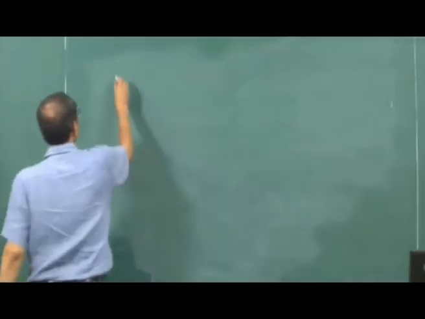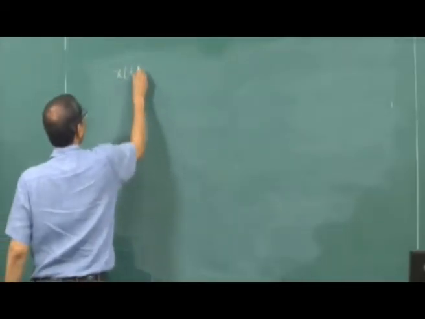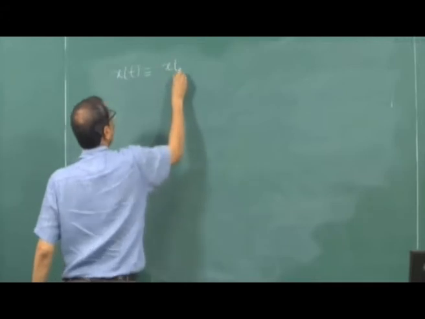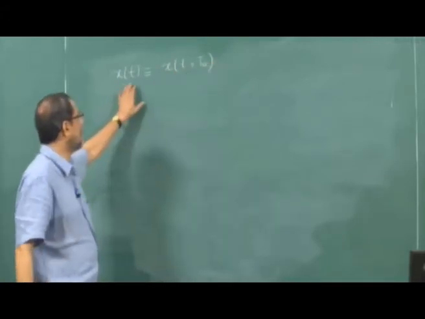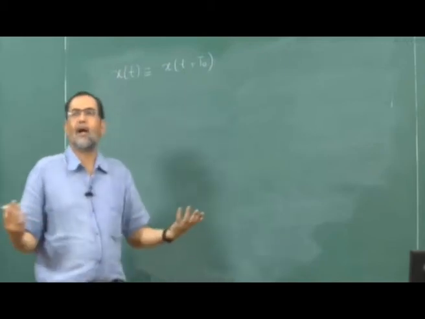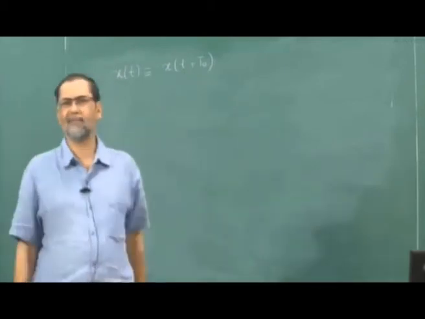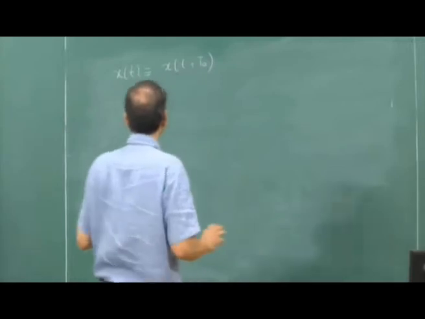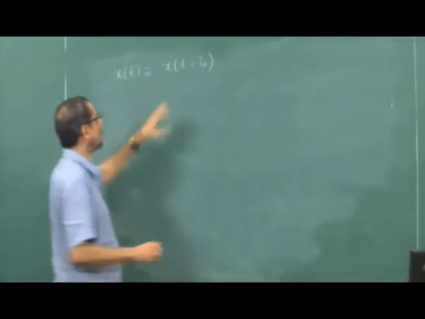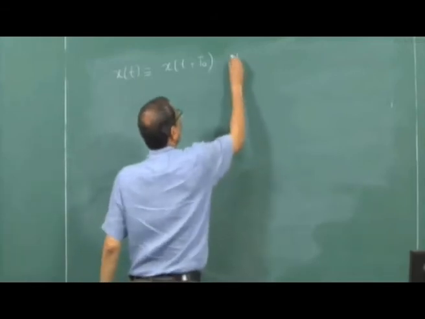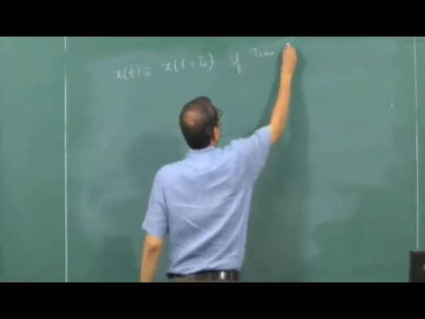If x of t and x of t plus T naught are indistinguishable, I can't make them out for some value of T naught, they are identical, right? If this is true, then periodic.